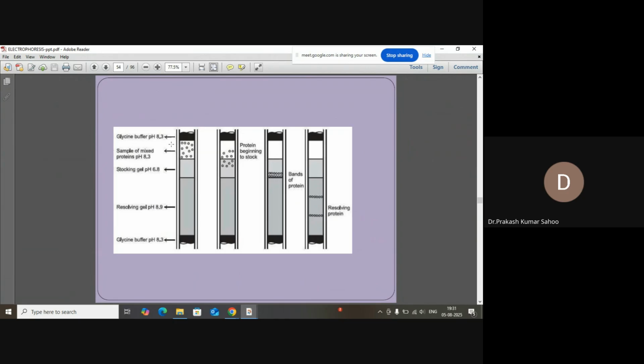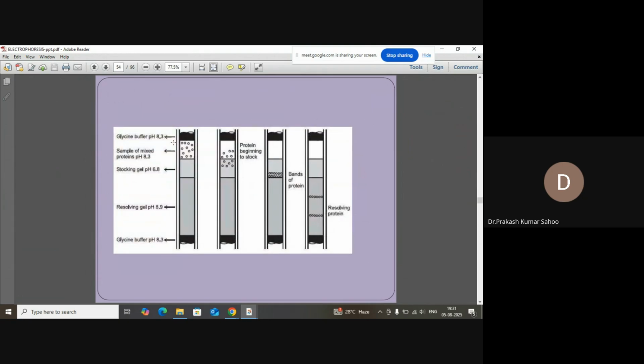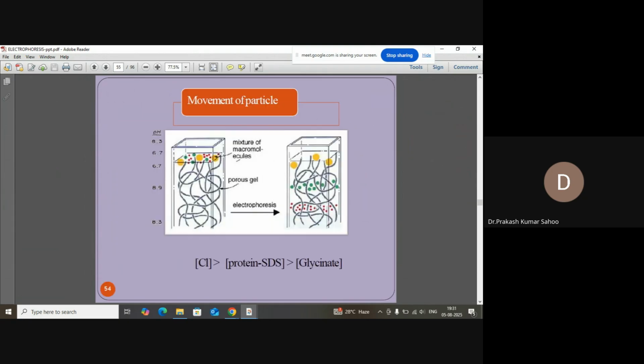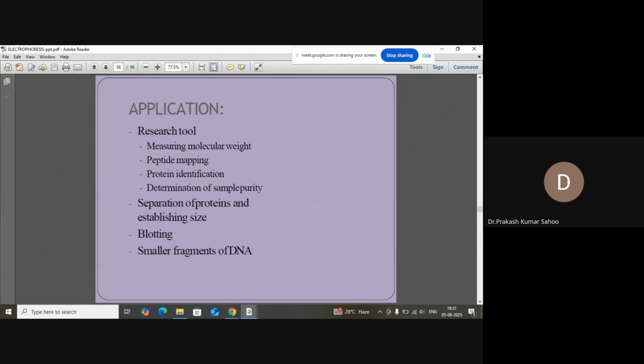So this is how your gel electrophoresis is going on. Then we have the movement of particles. Then the application came, that is the research tool: measuring molecular weight, peptide mapping, protein identification.